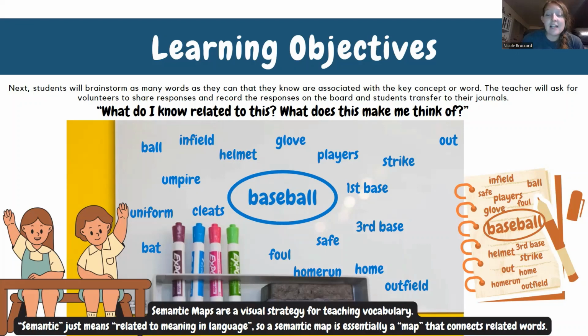Some other words that they might associate with baseball could include concession stand and maybe items from the concession stand. There's no right or wrong answer to semantic mapping, which makes it that much more exciting and engaging for students to participate.